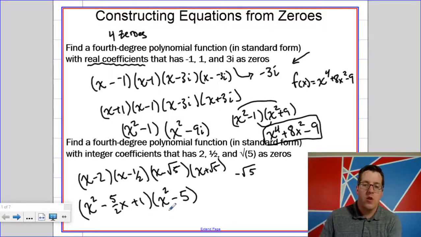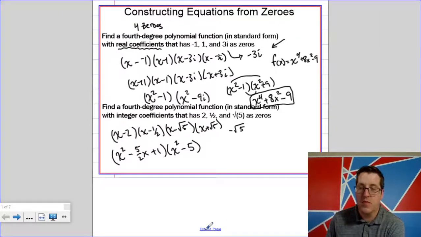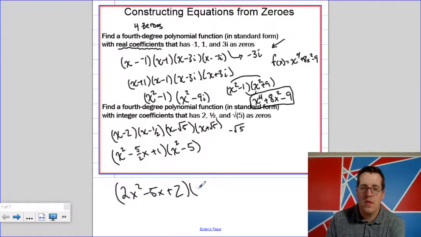Either you can just multiply everything inside of the first set of parentheses by 2, which you're allowed to do because you were making up the equation. It will still keep the same solutions if you just multiply everything by 2. So one way you could do that is you could say 2x squared minus 5x plus 2 times x squared minus 5.